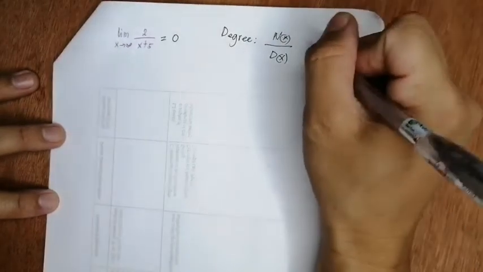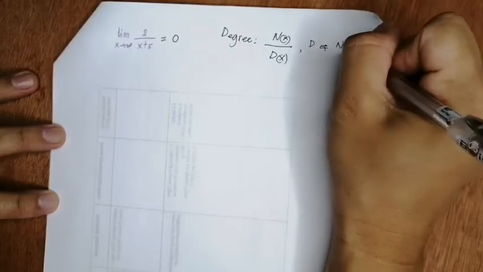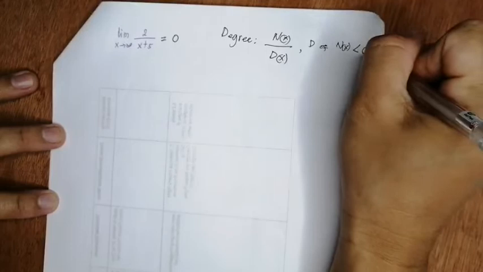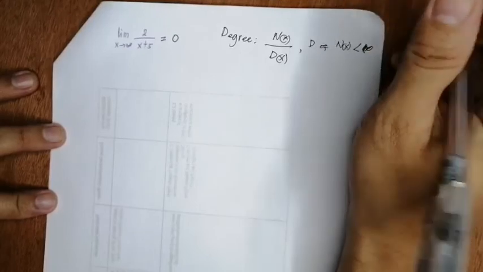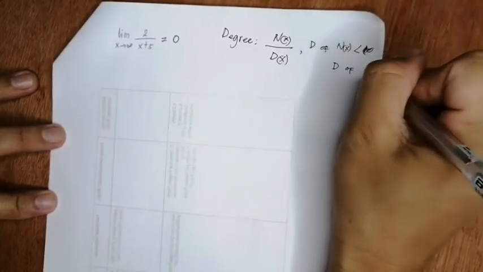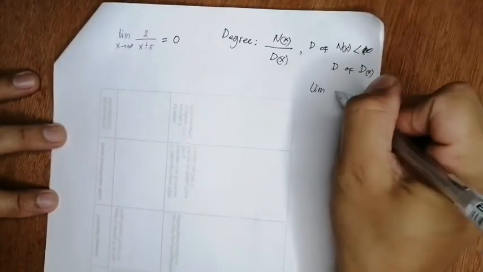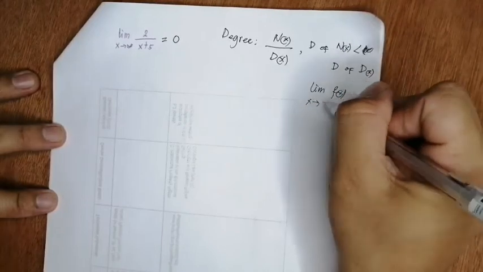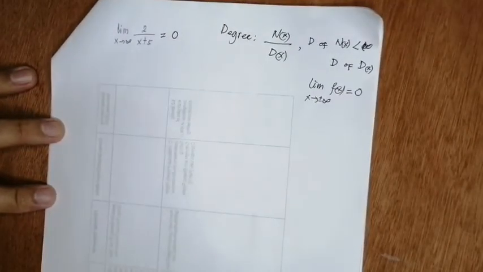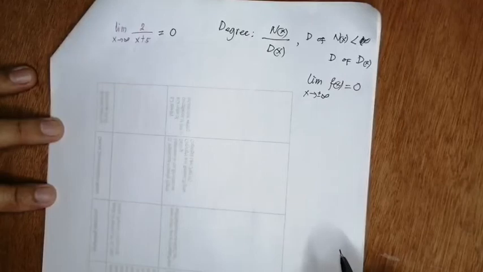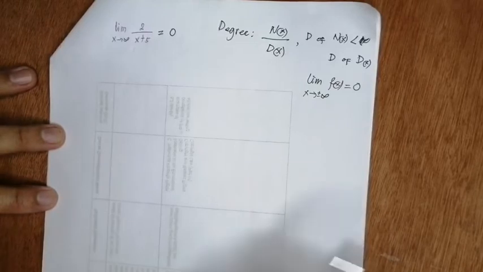So, if the degree of n of x, the numerator, is less than the degree of the denominator, so automatically ang limit ng function na yan as x approaches either positive or negative infinity, automatically 0. Okay, one good example is if you have, let's say, 1 over x as x approaches positive infinity, so yun ay nagiging 0, tends to 0.